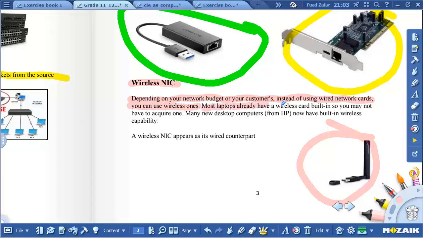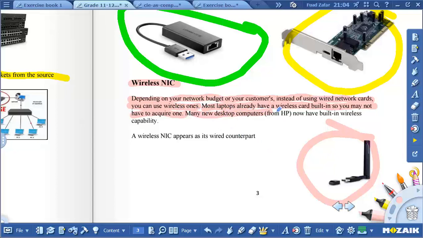Most laptops already have a wireless card built in, so you may not have to acquire one. Built-in means it's built inside a computer, your laptop, or even your mobile phone. So you do not need to buy an extra or external wireless card.